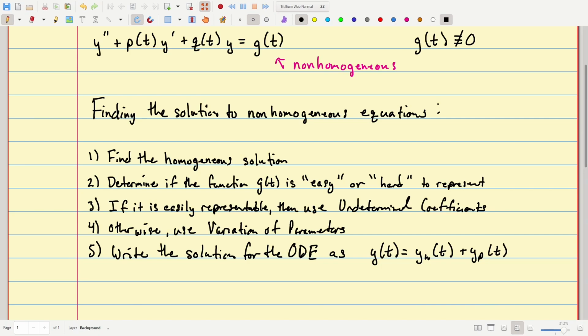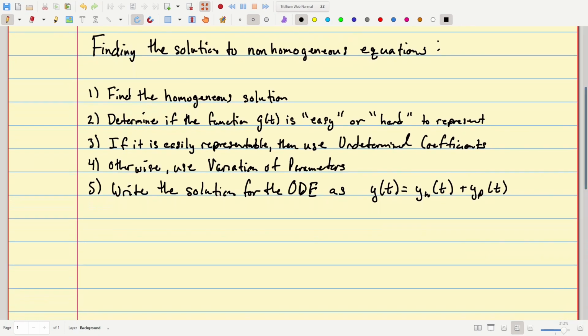Our solution is going to be the sum of y sub h of t and y sub p of t.